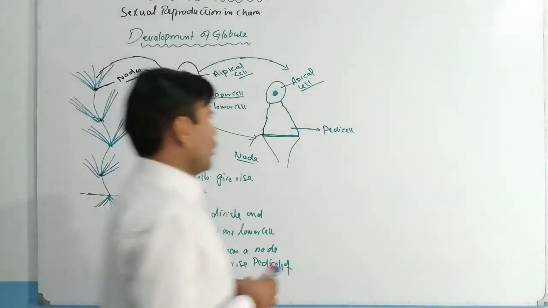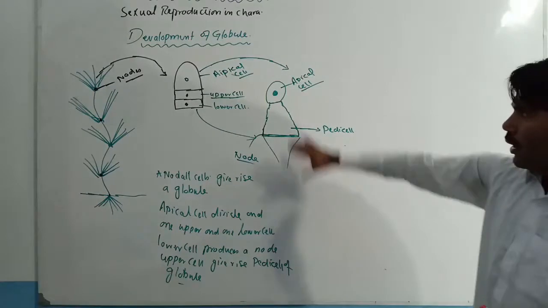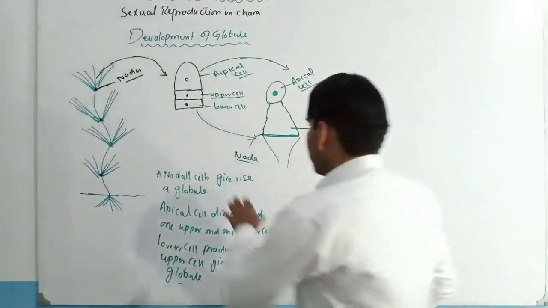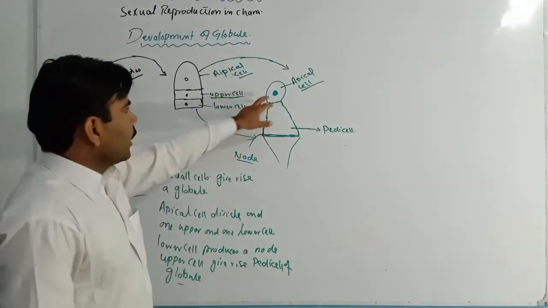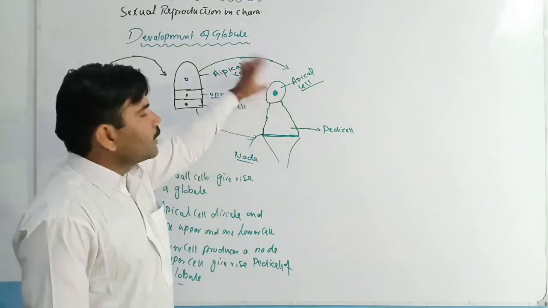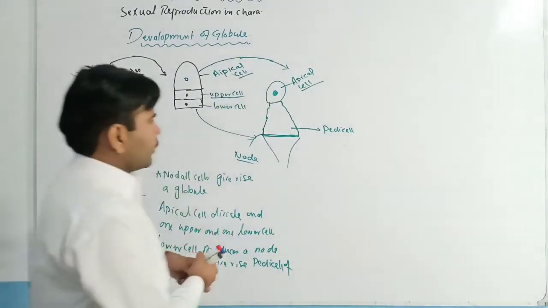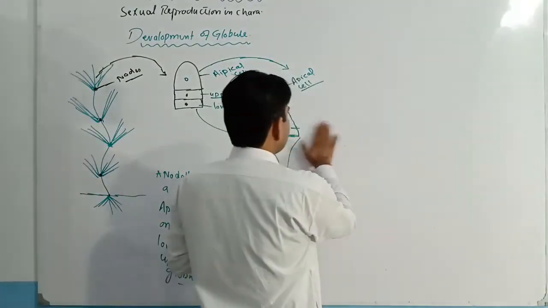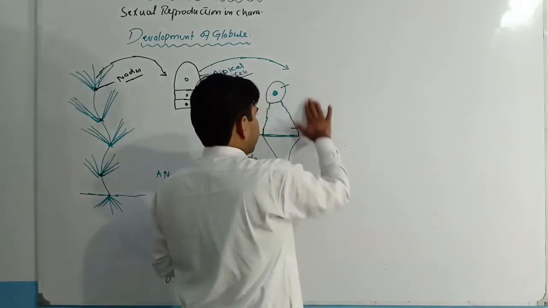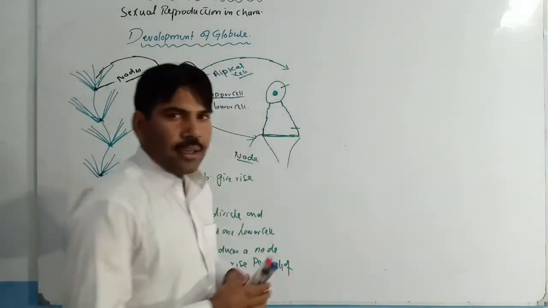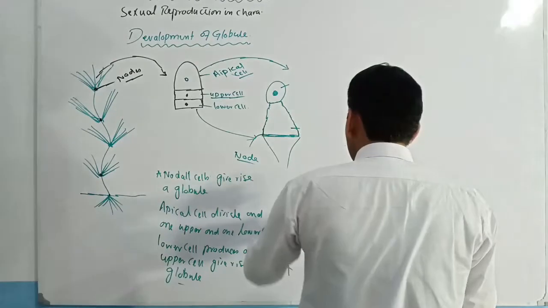So now I am trying to draw a structure of globule, which is basically formed from these cells. So I am raising this level structure to make a diagram.